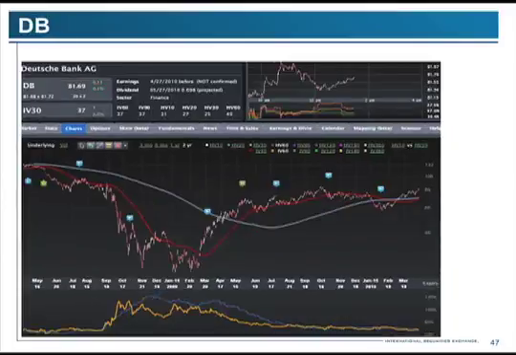Volatility here in Deutsche Bank. Interestingly enough, we see volatility was exploding there in October, even into the spring, but then in March, April, we saw the stock take off and volatility decline, and we've seen that sort of happen ever since.